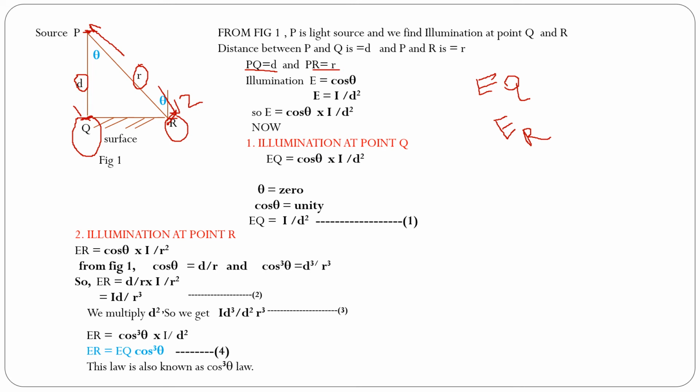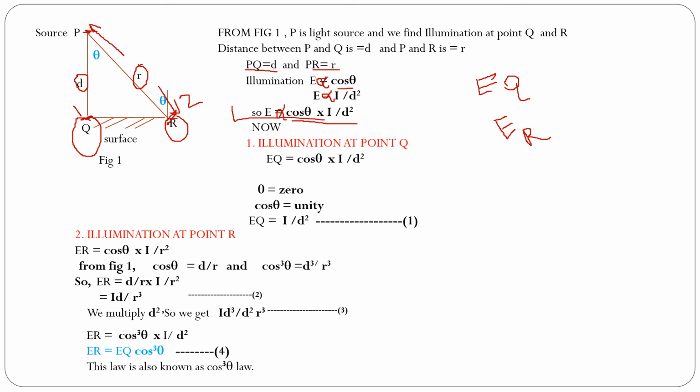Now illumination E, as we stated earlier also, is proportional to cos theta, and E is also proportional to I by D square. So the illumination at a particular point is proportional to cos theta into I by D square.